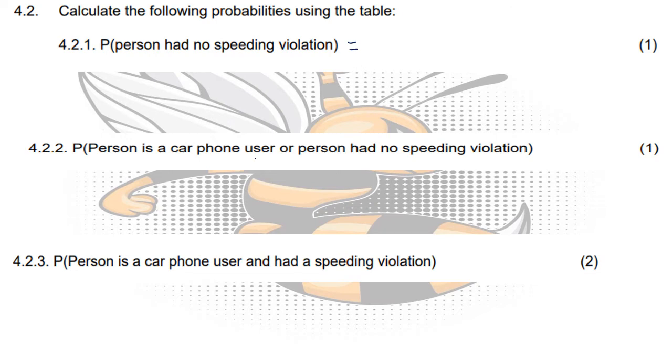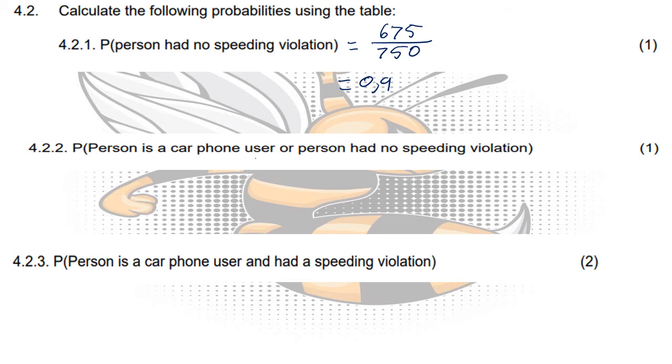You go to your contingency table, and there were 675 people in total who did not have speeding violations out of the 750. That gives a probability of 0.9, which is about a 90% chance of picking somebody that had no speeding violation.